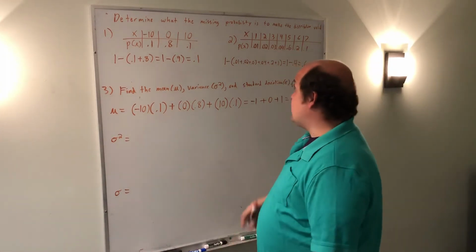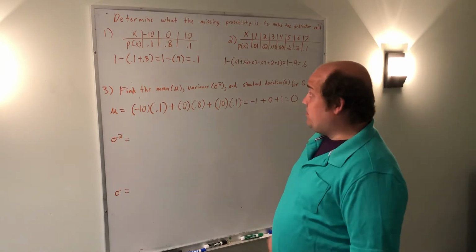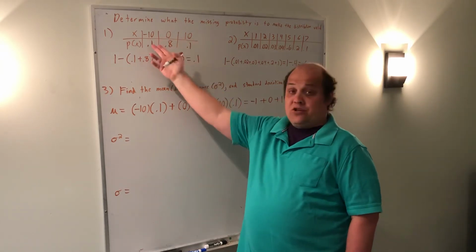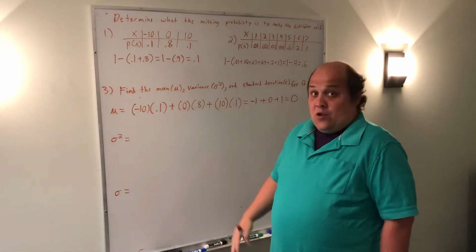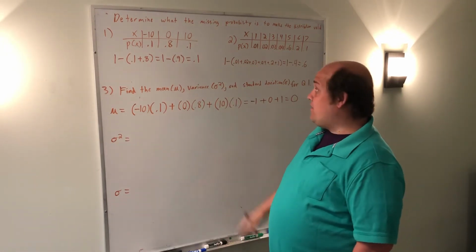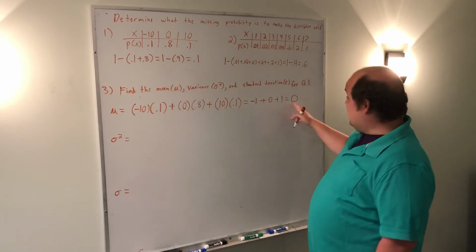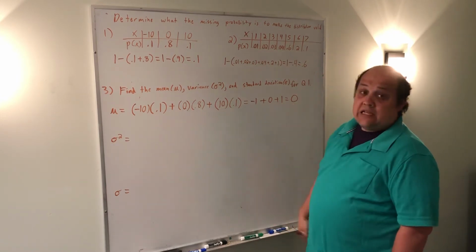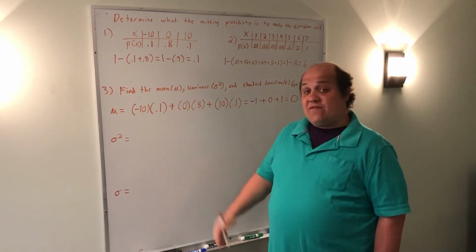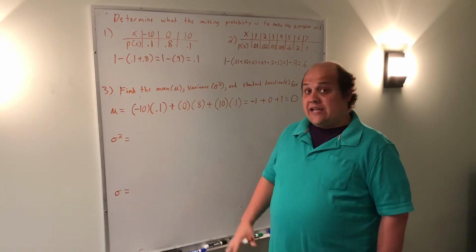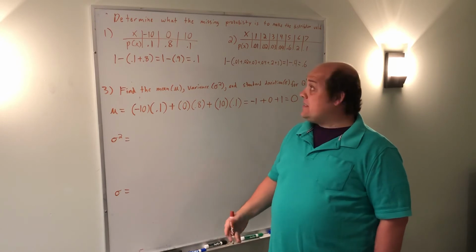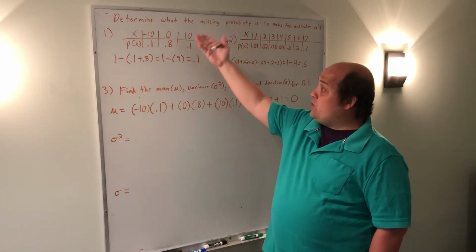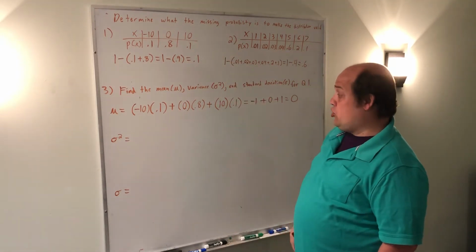Even though we're used to saying that 0 is the absence of something, in this case, the average of these three is 0 because we have a negative 10 and a positive 10 with equal probability, and then we have 0 in the middle. So this is the correct mean of 0. It's also the expected value of the distribution. Expected value and mean are interchangeable here. Expected value just means what on average do you expect to get back from this distribution.